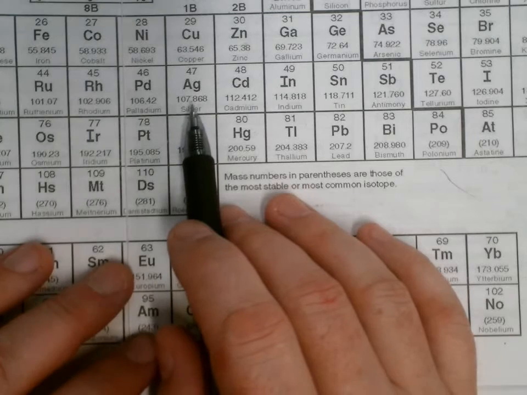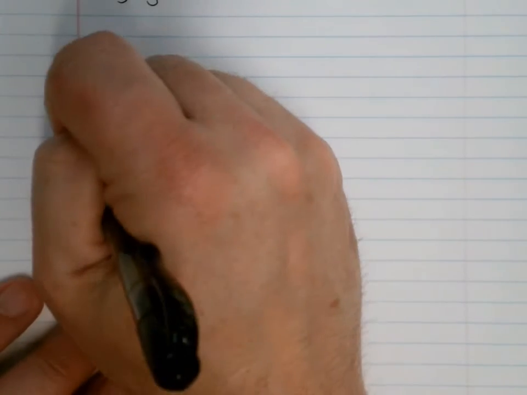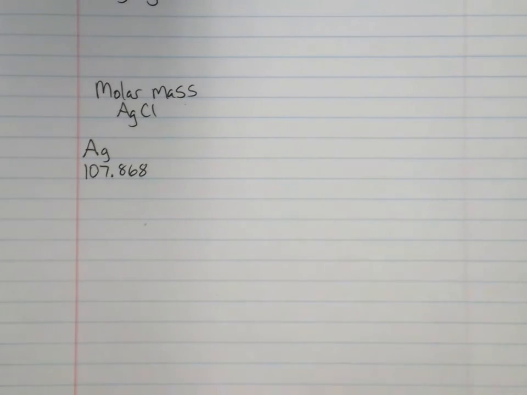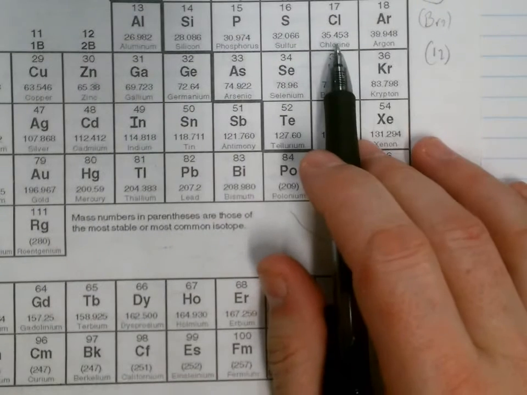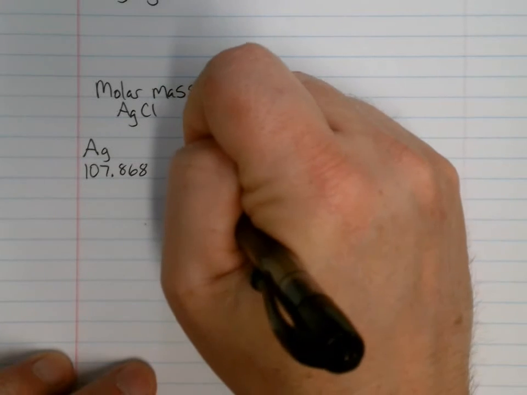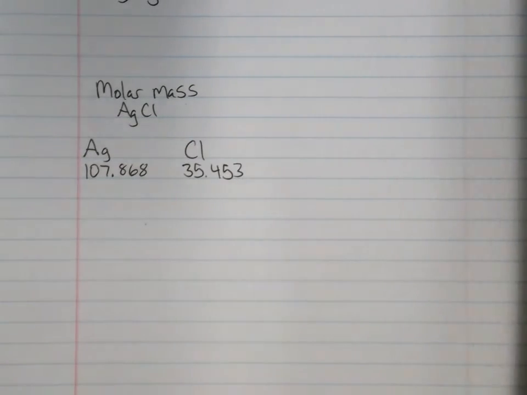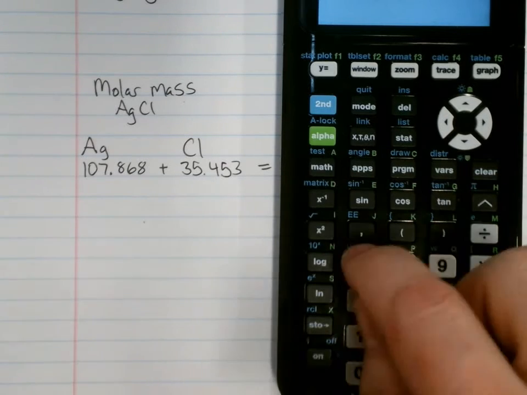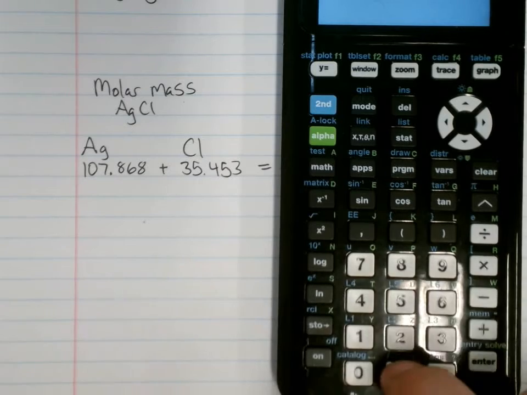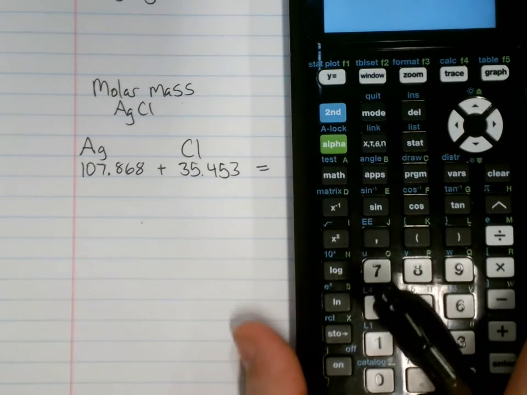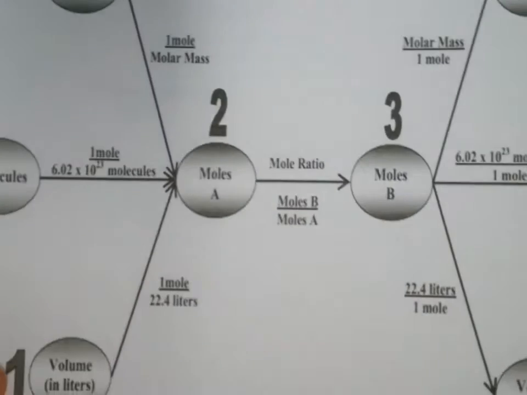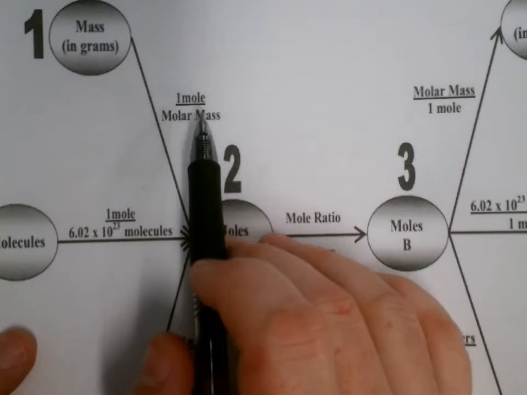The molar mass of silver is 107.868. The mass of chlorine is 35.453. We have to add these two together to give you the molar mass. So it's simply 107.868 plus 35.453. That gives you a molar mass of 143.321. So back to the conversion factor, it will be 1 mole of silver chloride over the molar mass of silver chloride.